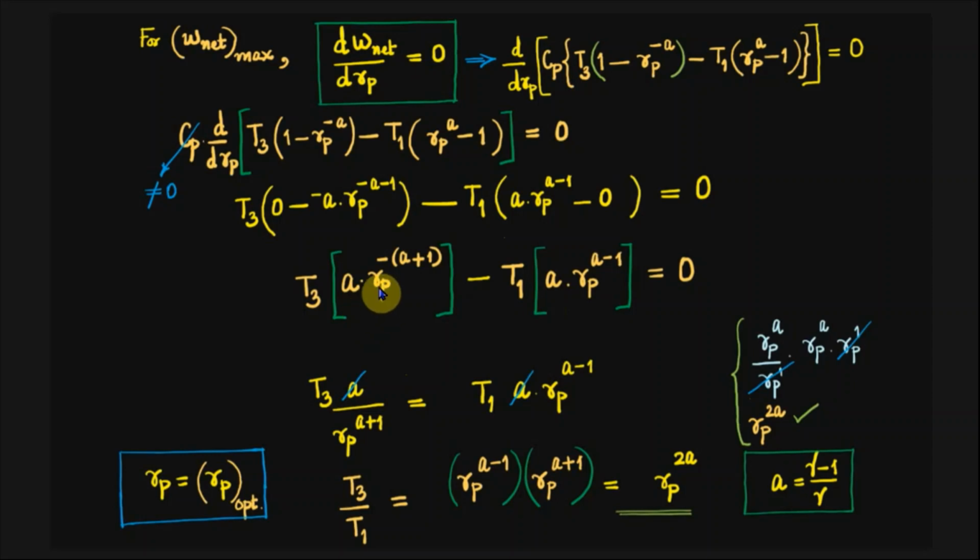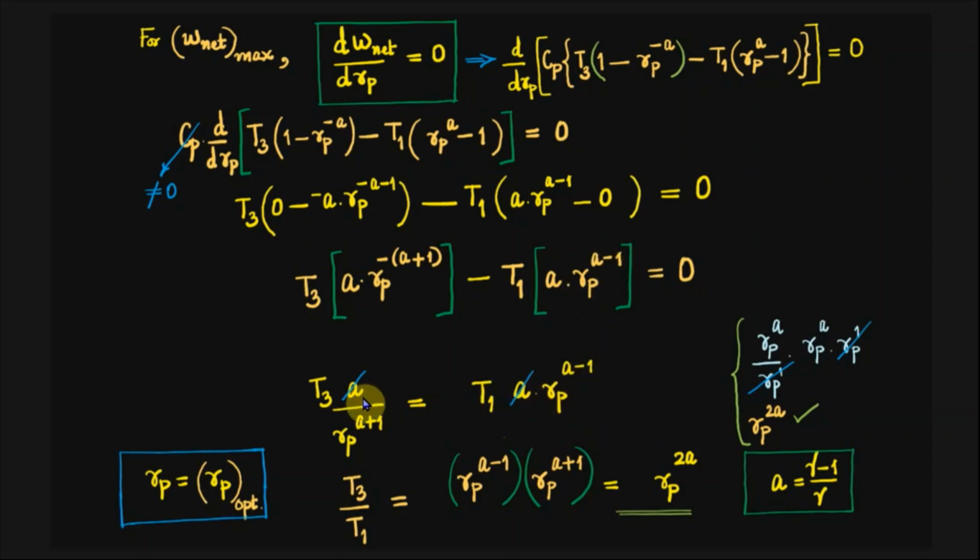See this, there is one A on both sides, that will get cancelled, and what remains is T3 divided by Rp raised to A plus 1. When you take Rp raised to minus A plus 1 to the denominator, the index will become positive. So therefore T3 divided by Rp raised to A plus 1 will remain in the left hand side, and the right hand side now T1 into Rp raised to A minus 1.